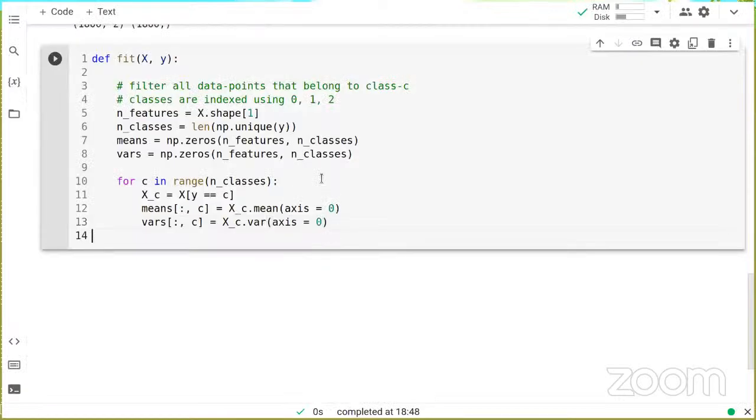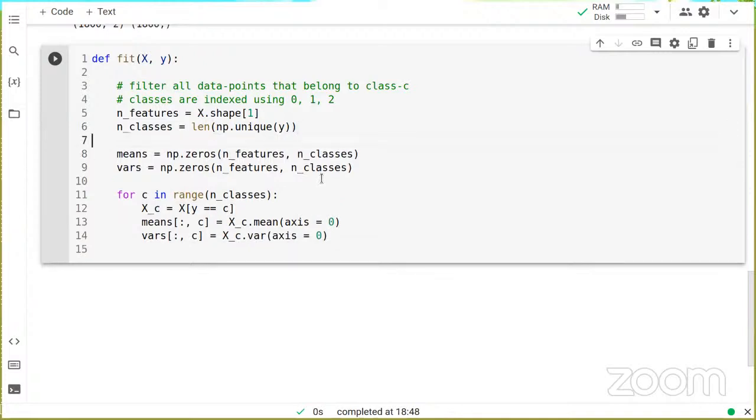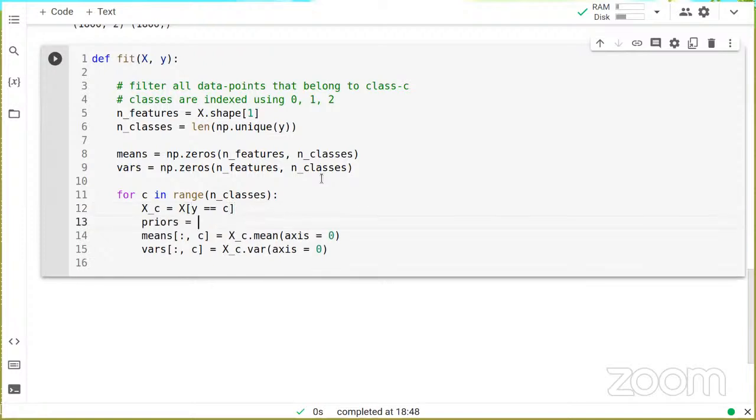Okay, so once you have the means and variances, are we missing something in terms of parameters that we have to estimate? Is it enough if we compute the mean and variance? We need the prior also. Okay, we need the priors, right?